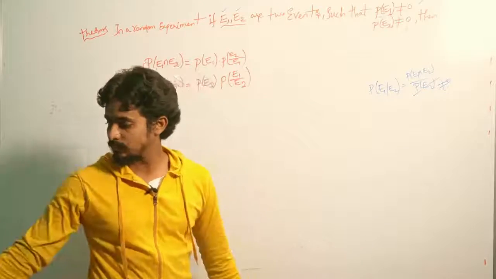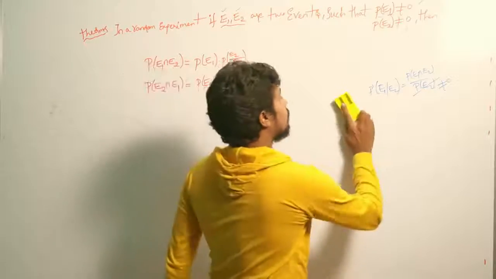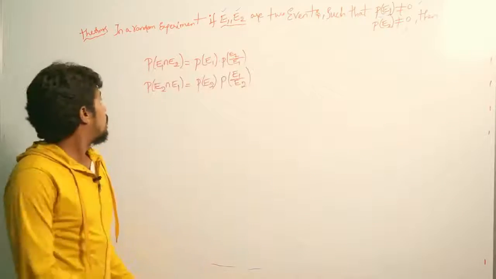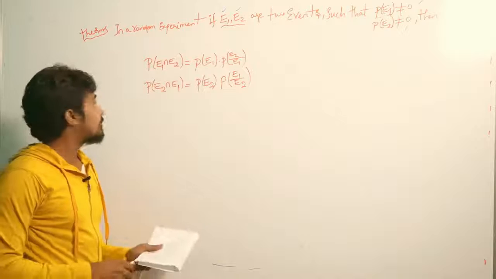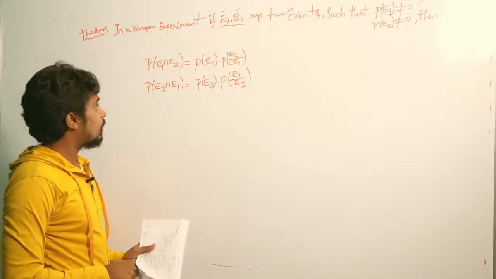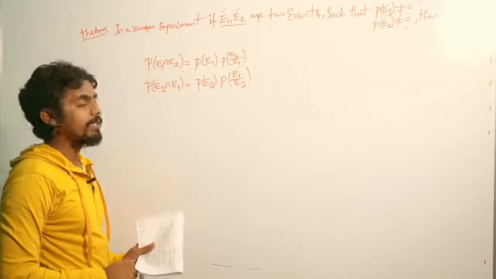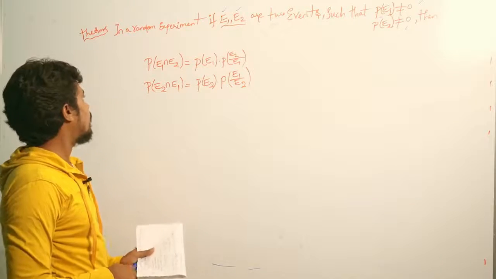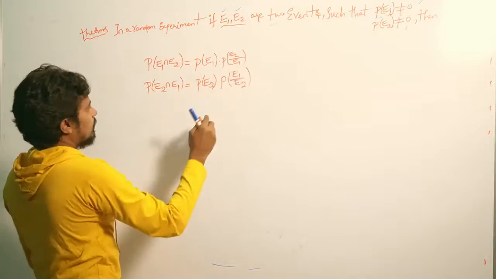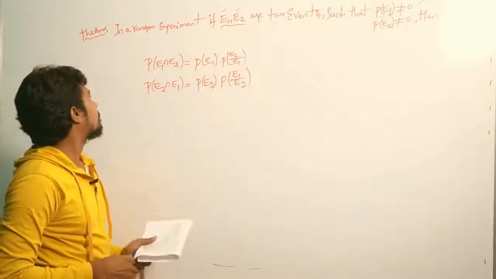For this, we try to solve P of E1 intersection E2, which is equal to P of E1 dot P of E2 divided by E1. And similarly, this will be so simple.